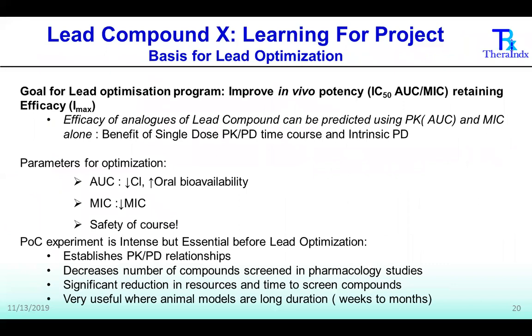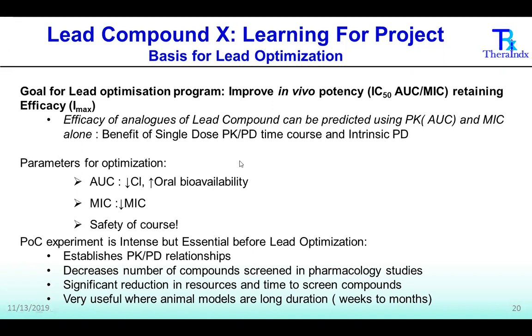Further learnings for the lead optimization program: the goal should be to improve in vivo potency, that is IC50 for AUC by MIC, retaining the Imax, that's the efficacy. Another important point that emerges from this is that efficacy of analogs of the lead compound coming from the same chemical series can be predicted using PK in AUC and MIC alone.